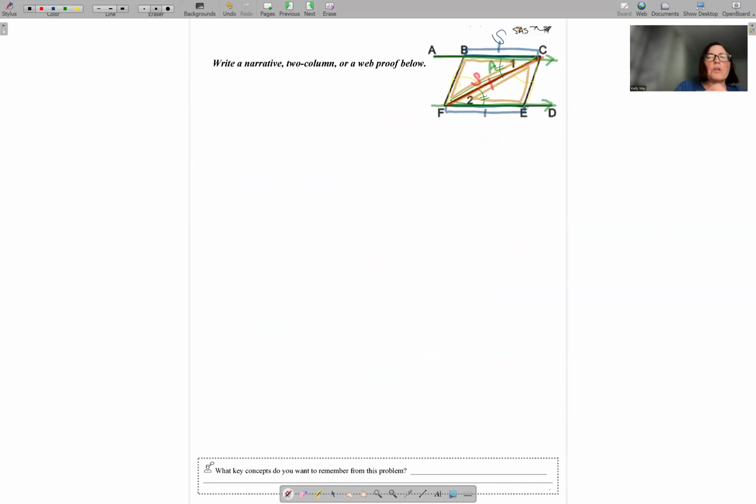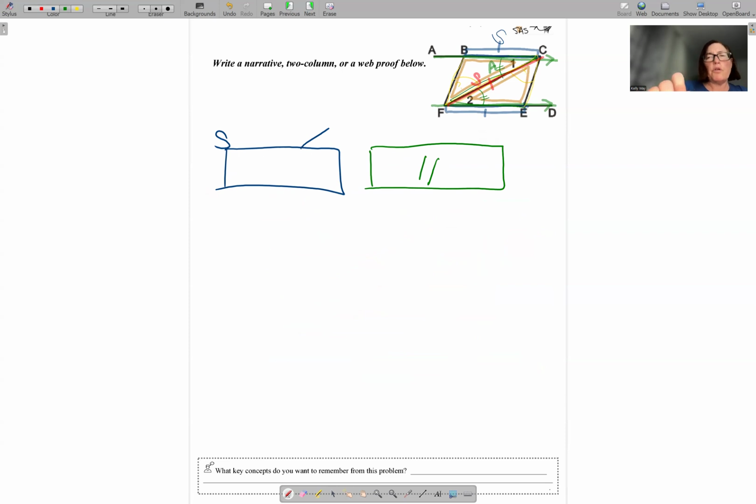One way would be to use the web. And for the web, you would talk about those sides first and tell us why they're congruent. Then you would talk about the parallel lines. Tell us why that's true. Parallel lines would give you the congruent angles. You have to name them, and you have to be able to explain why that is true.